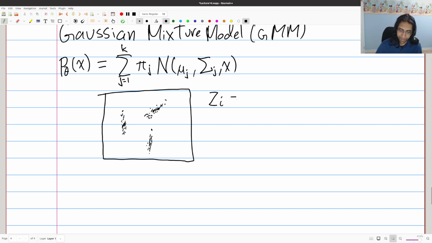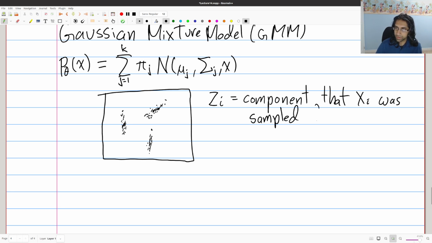So z_i is equal to the component that x_i was sampled from. This is a random variable, and it takes values in the set 1 through k, because it's a distribution over these points. Of course, we don't know this, but assume somehow you magically knew it and somebody told you.